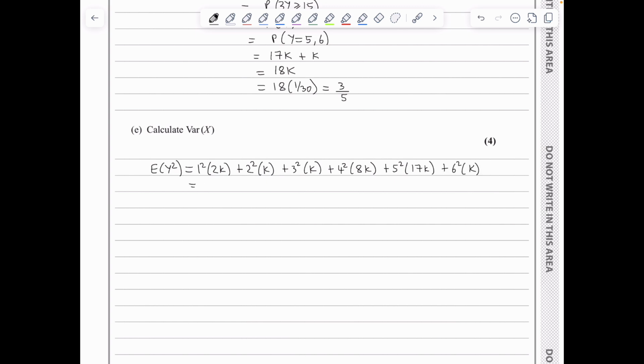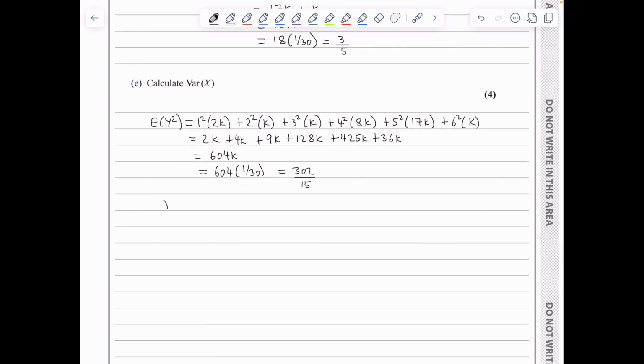This leads to 2k plus 4k plus 9k plus 128k plus 425k plus 36k. So we're looking at a total of 604k, which is 604 times 1 over 30, which gives an answer of 302 over 15. This is the expectation of y squared.